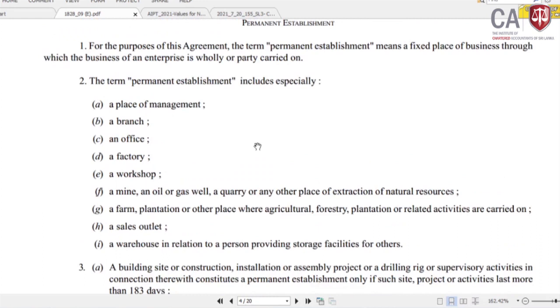Is anything under paragraph 2 satisfied for the lease model, Model 1? Nothing. The second paragraph, which is the list, is not satisfied, so no PE, done.